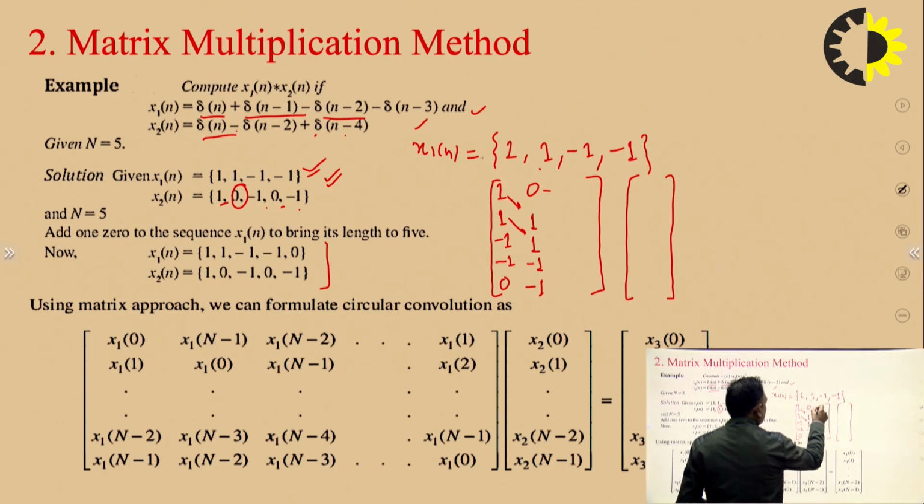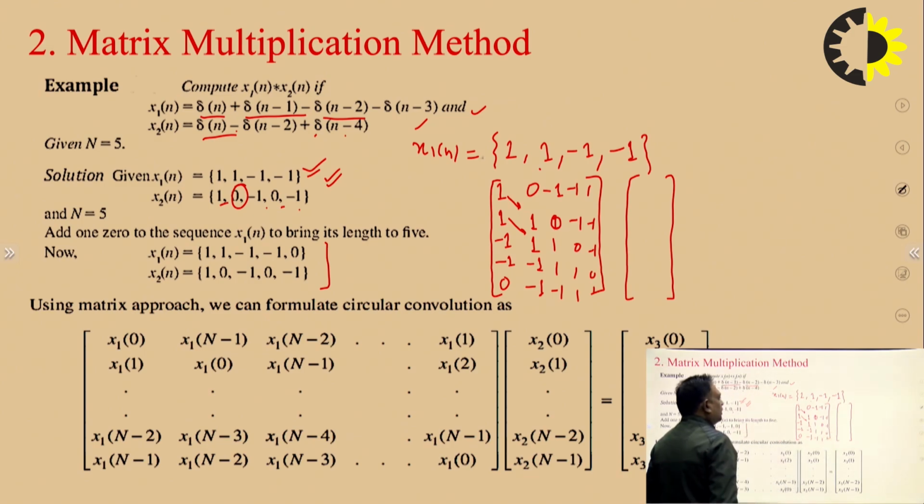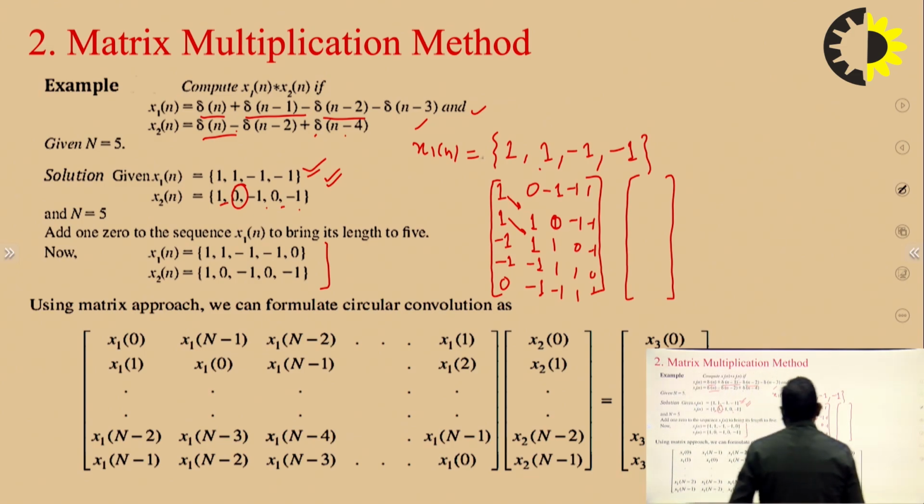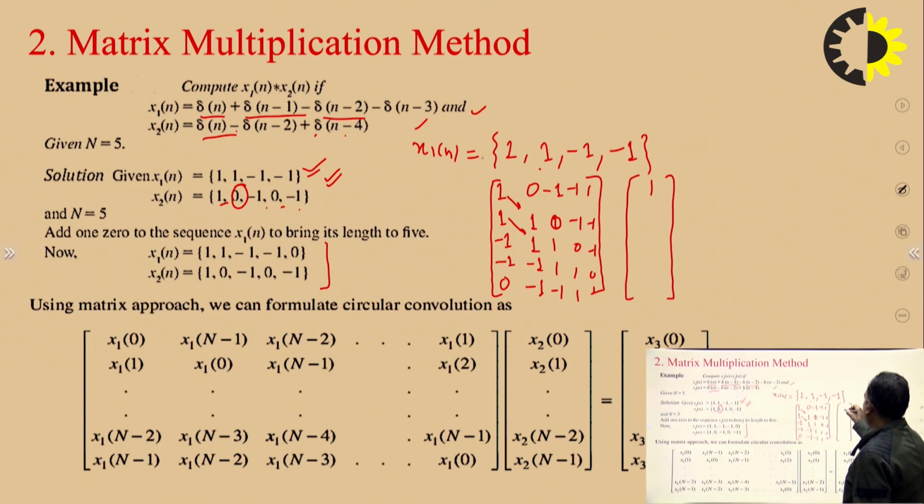Again this minus 1 comes over here, then 1, then 0, then 1, then 1, then minus 1. This minus 1 will come over here and like this, and again 1, minus 1, minus 1, 0, 1. Okay, so this is how we have obtained the matrix. And another matrix will be 1, 0, minus 1, 0, minus 1, and we will simply do the matrix multiplication.